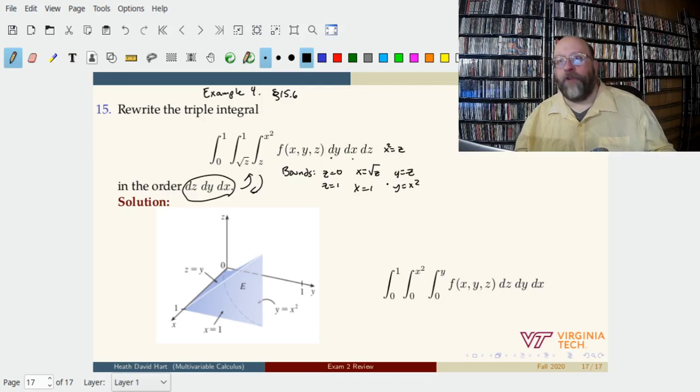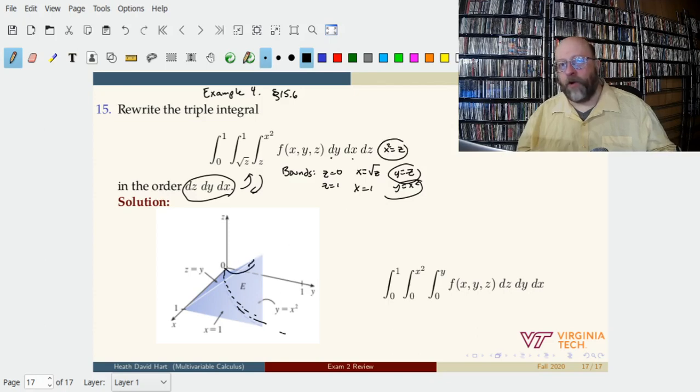This is a little tricky here. Let's start with y equals x squared. Y equals x squared is a parabola here in the xy plane. Starts at 0, curves out. And then y equals z says that when we move in the z direction, y and z are the same, and y is x squared, then z is also going to equal x squared.